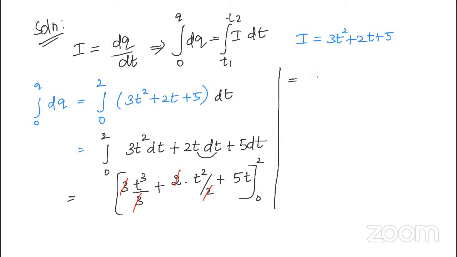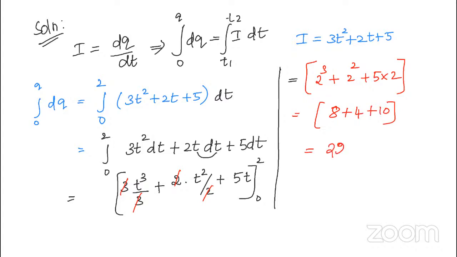It is 2³ plus, for t², 2², plus 5 into the upper limit, which is 2. Then it is 8 + 4 + 10, which equals 22 coulomb. So option A is the right one.